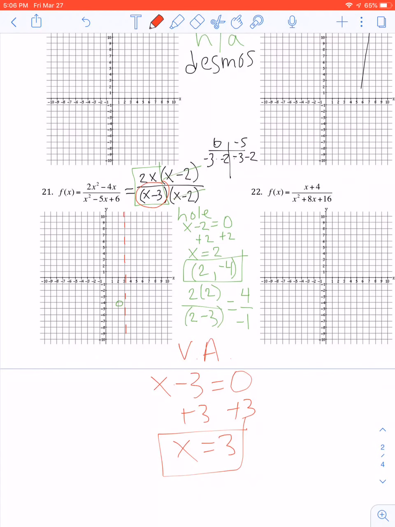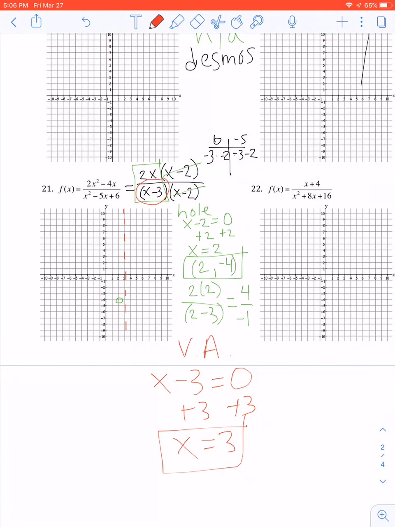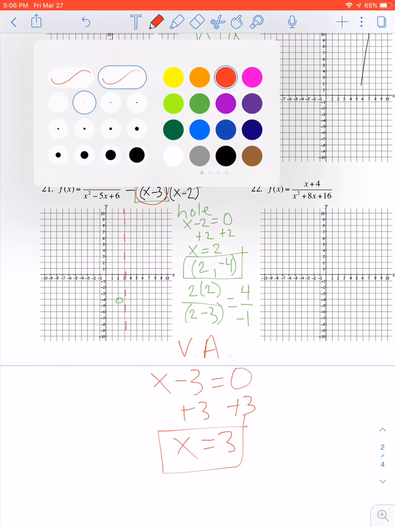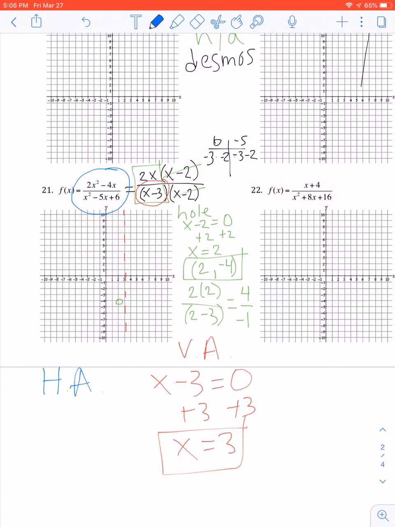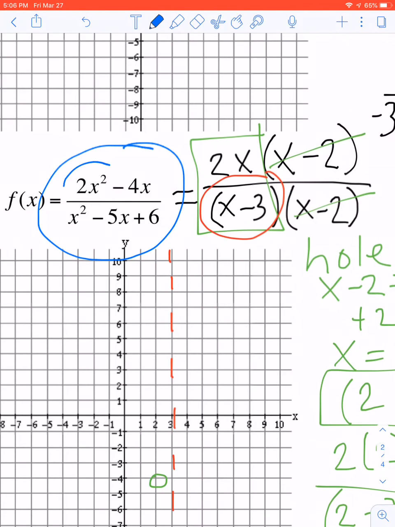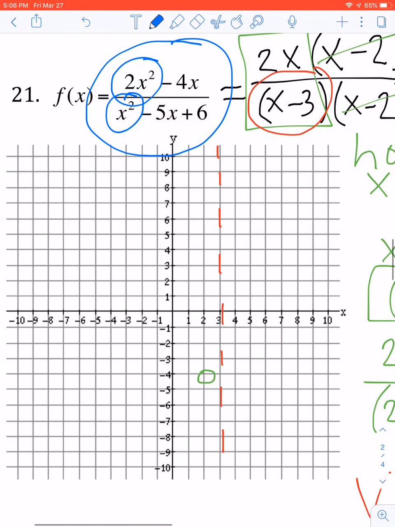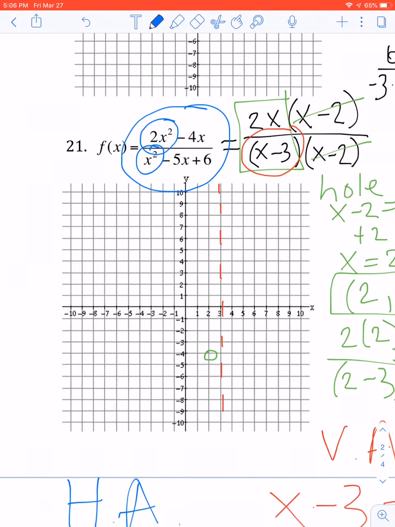And let's see, horizontal asymptote is in what color? Blue, I think. So for the horizontal asymptote, you actually do take the original. You go look back at the original. You look at the leading coefficient for each. So we're going to look at this 2x squared and this x squared because those are the leading terms. They are the highest, or the leading exponents.